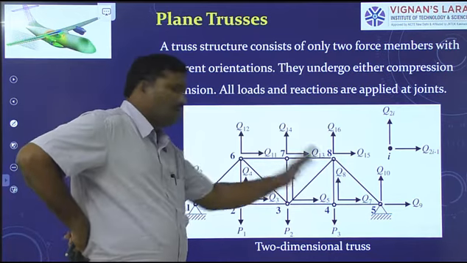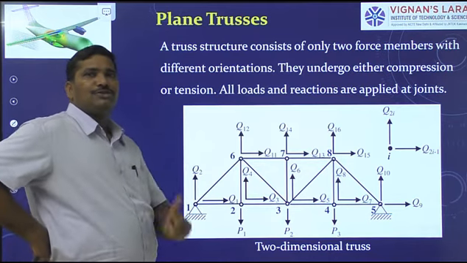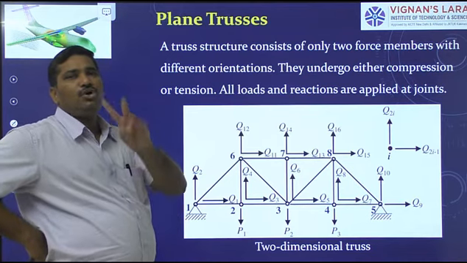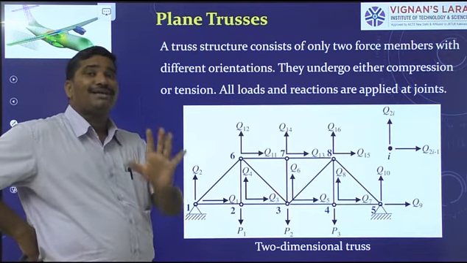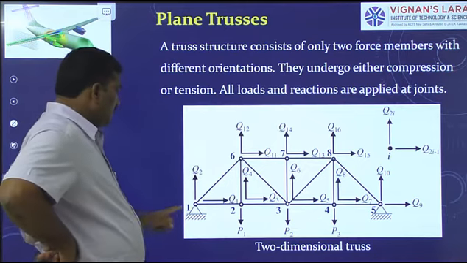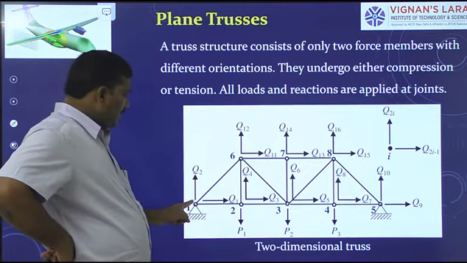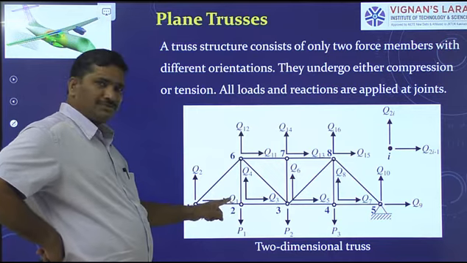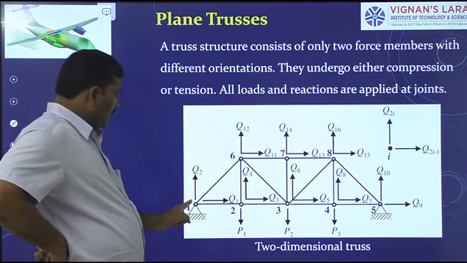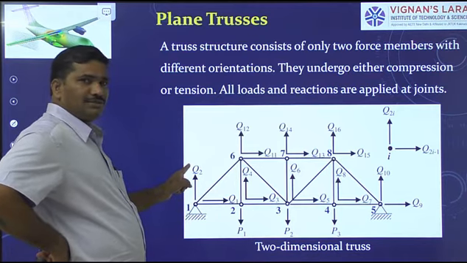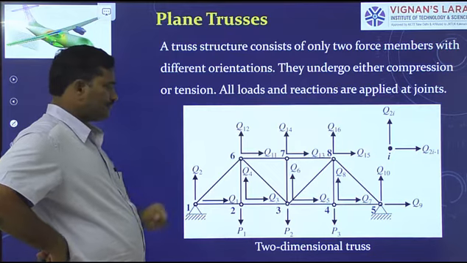Because it is a two-dimensional domain, at each node we observe 2 degrees of freedom. They are the translations. At node 1, we have a translation like this, which is denoted by capital Q1. At the same node, we have another translation like this, which is capital Q2. Understand?